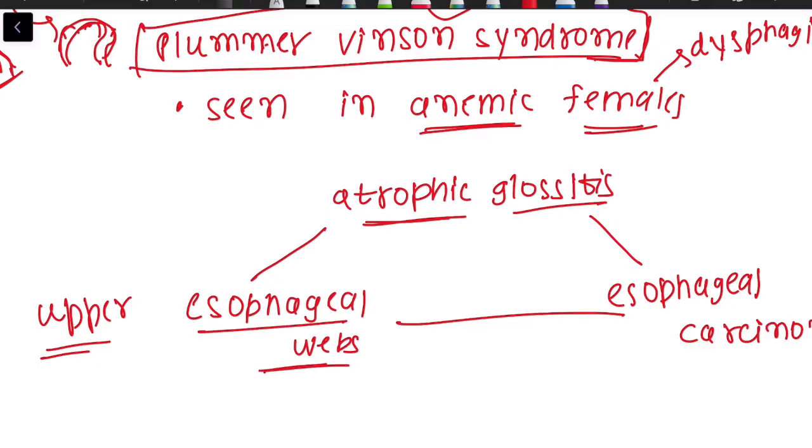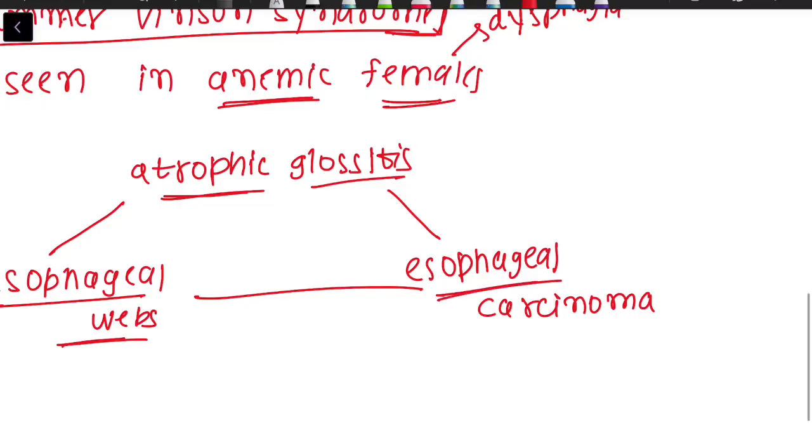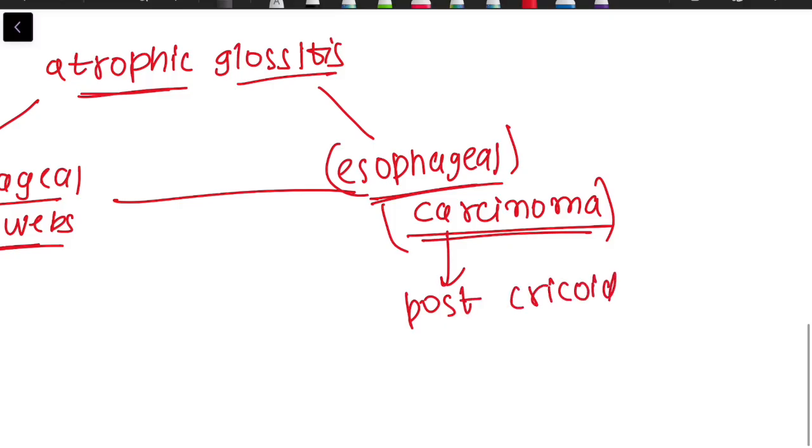If you do the endoscopy or esophagoscopy of such a patient, you will see upper esophageal webs. And there is also a risk that the patient suffers from esophageal carcinoma, which is very disastrous, and that is seen after the cricoid region. I will talk more in detail about this when I discuss the anatomy of the laryngopharynx and oropharynx.